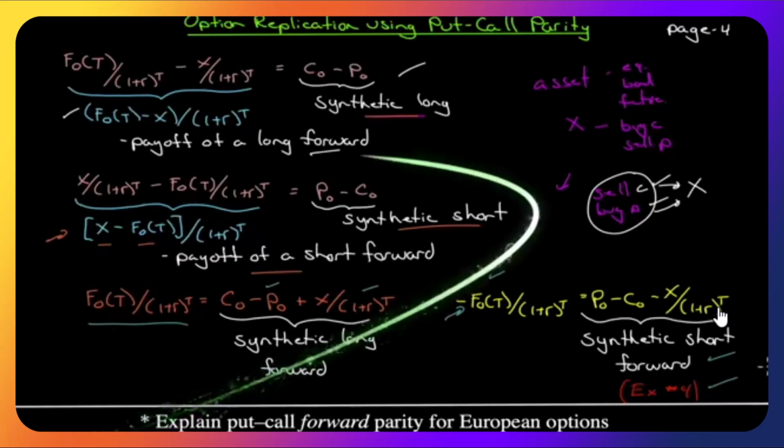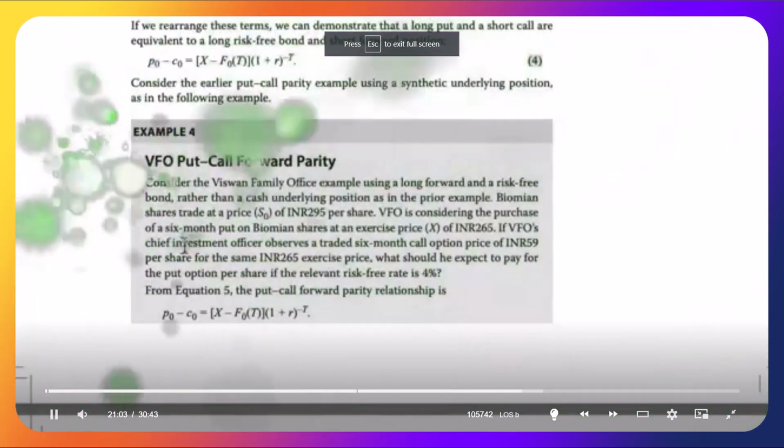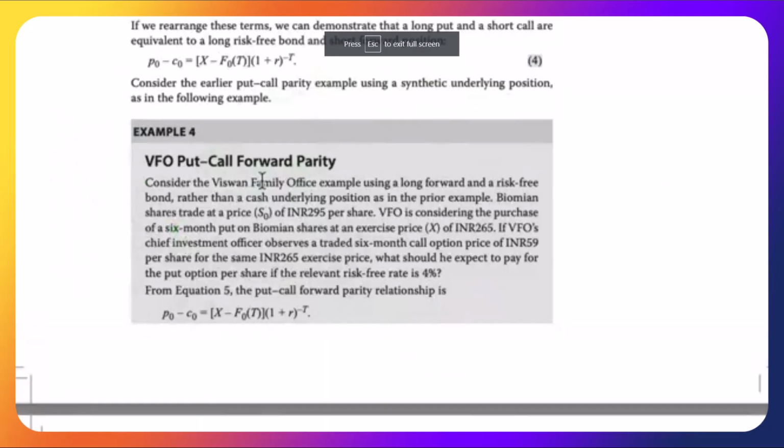Let's walk through example 4. Okay, we are back to the V01 family office. Consider the V01 family office example using a long forward and a risk-free bond rather than a cash underlying position as in the prior example. Biomian shares trade at a price of $2.95 per share.